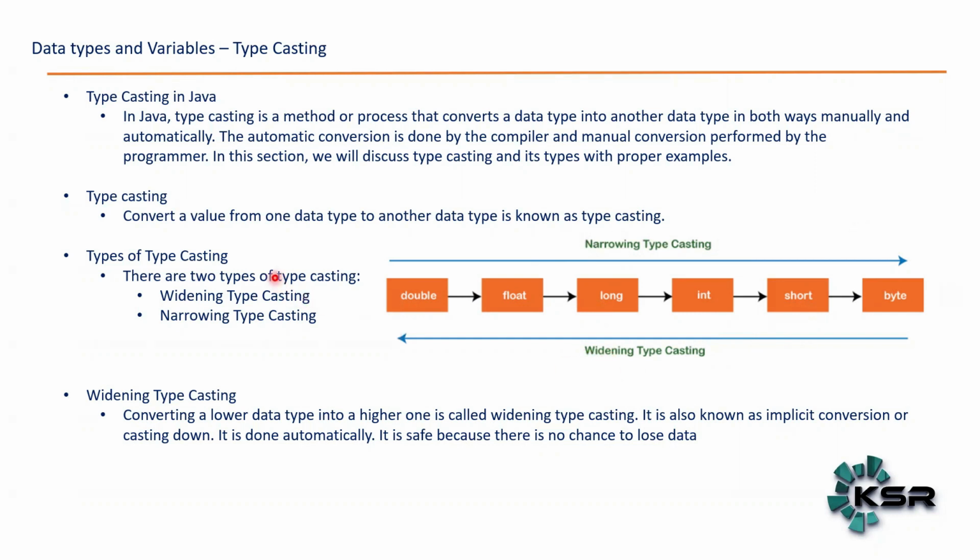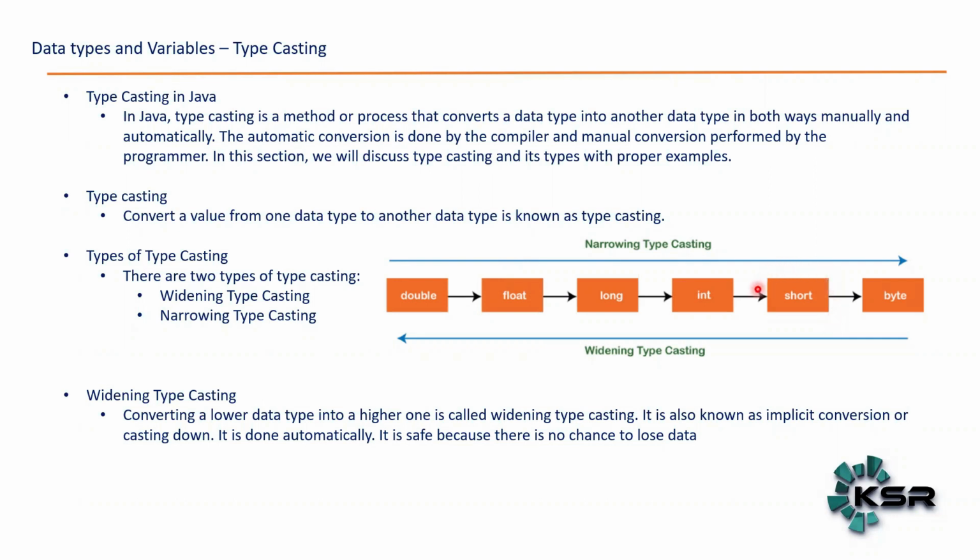Small to bigger is fine, right? But bigger to small, what is the issue? For example, your salary is 10 lakhs. If you put that salary of 10 lakhs into short, what will happen? You'll have 10,000. Yes, sir.